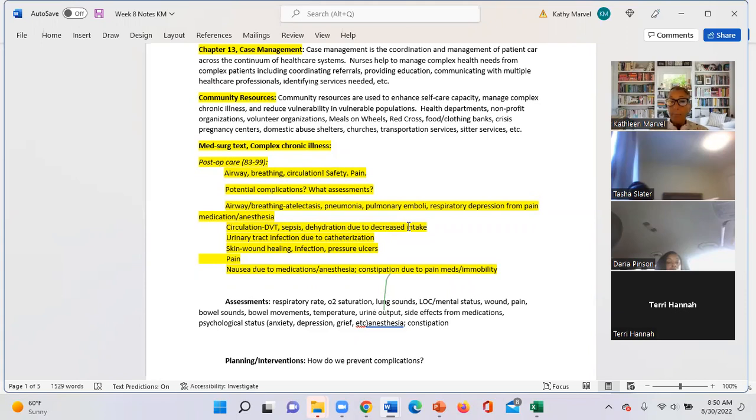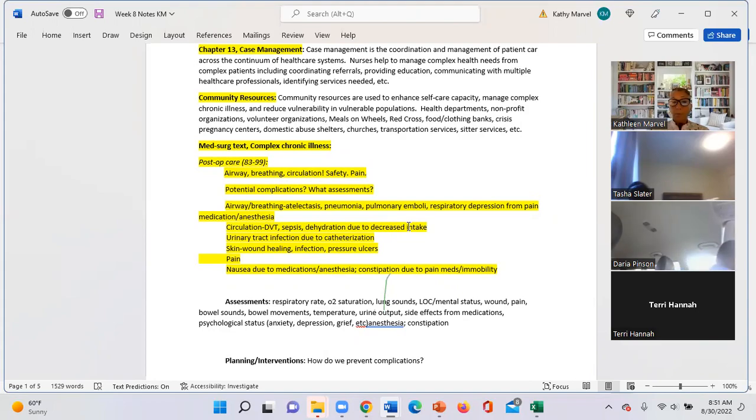ABC, safety and pain. What are some potential complications of post-op care? That's in your reading. How do you do a post-op assessment? That's in your reading. What are some of the things you're looking for? Pneumonia, emboli, respiratory depression from pain or anesthesia.